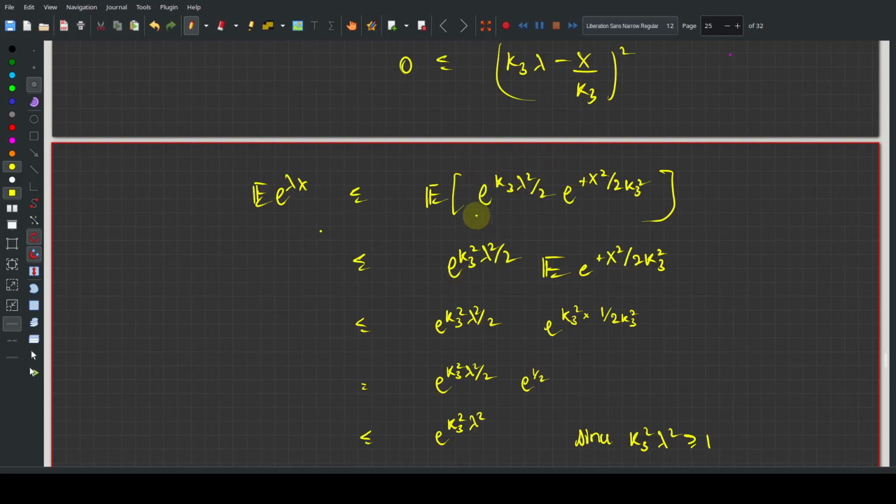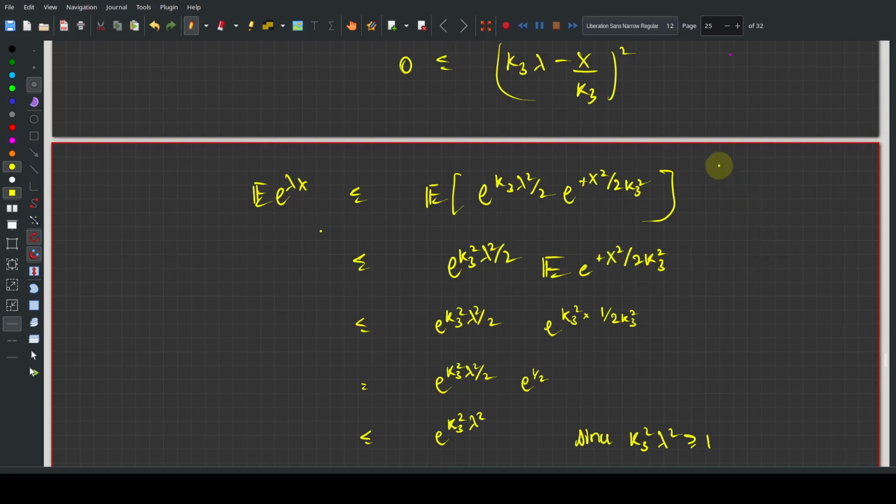This term anyway doesn't involve x, so I can just take it outside. So it's e to the k3 square lambda square by 2 times the expected value of e to the x square by 2k3 square. But I already have a bound on this particular quantity.